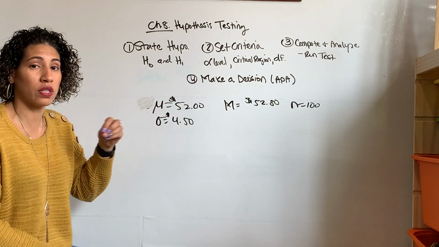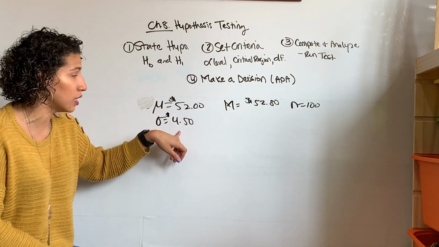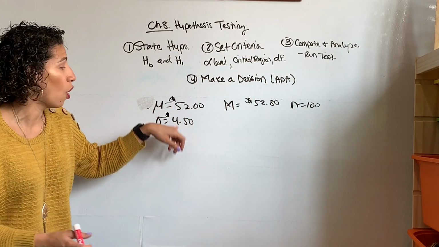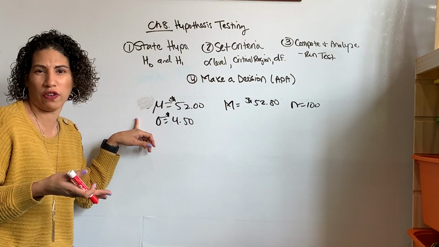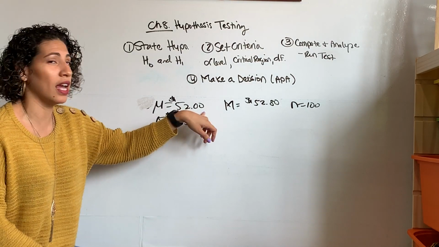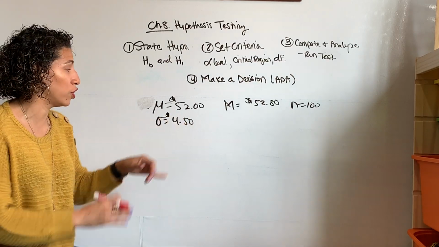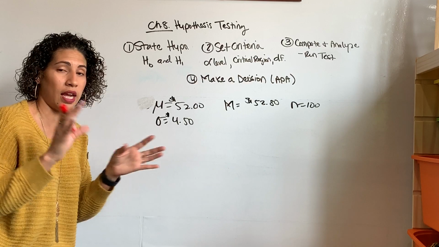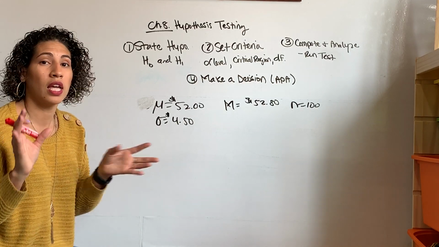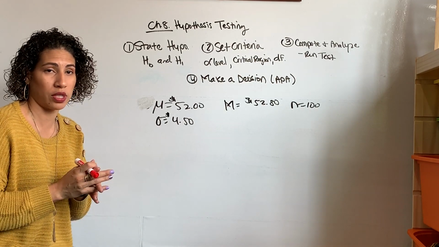In other words, the cost of college textbooks can be as high as $56.50, or as low as $47.50. My math isn't that good right now. It can be as low or as high. So you're adding and subtracting to this number, and that would be your range, about 48 to 56, in terms of the cost of college textbooks.